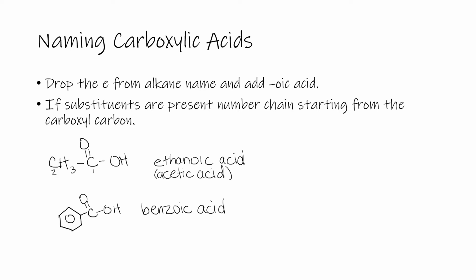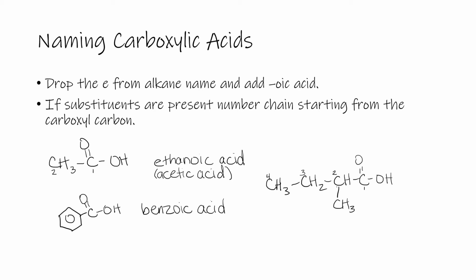Okay, and let's do one with a substituent off of the chain. And we'll put our carboxyl group here. Okay, so we need to count carbons. And remember, don't forget to count your carboxyl carbon. That's always going to be carbon number 1. Here's 2, 3, 4. So we have 4 carbons in our longest chain.